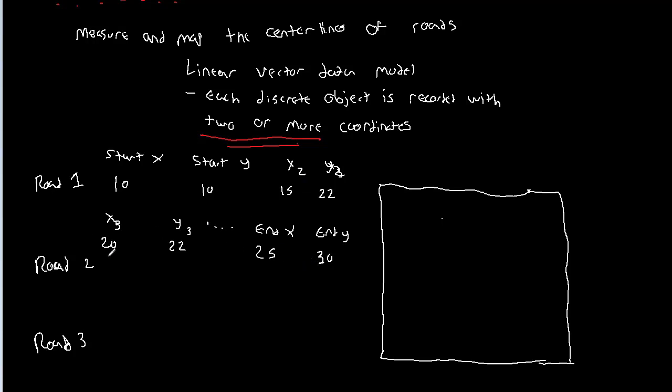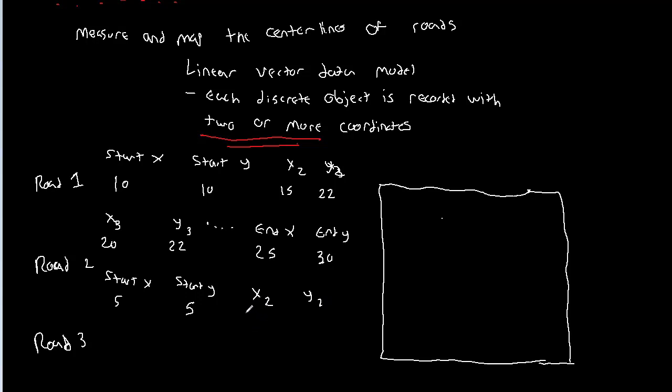And we can repeat that process for road 2, right? Find the place you want to start, so we would take the start x, start y. Let's say that this road starts at 5, 5, right? Go some distance, take more coordinates.